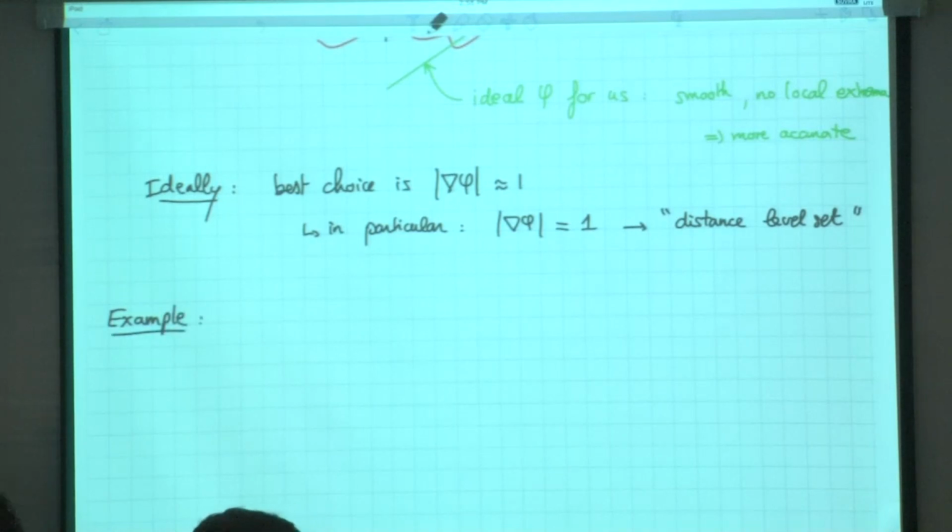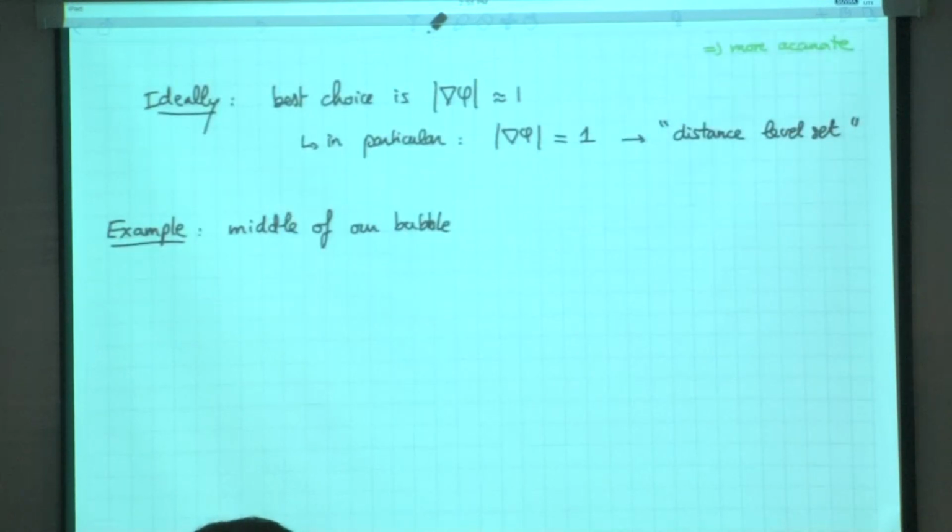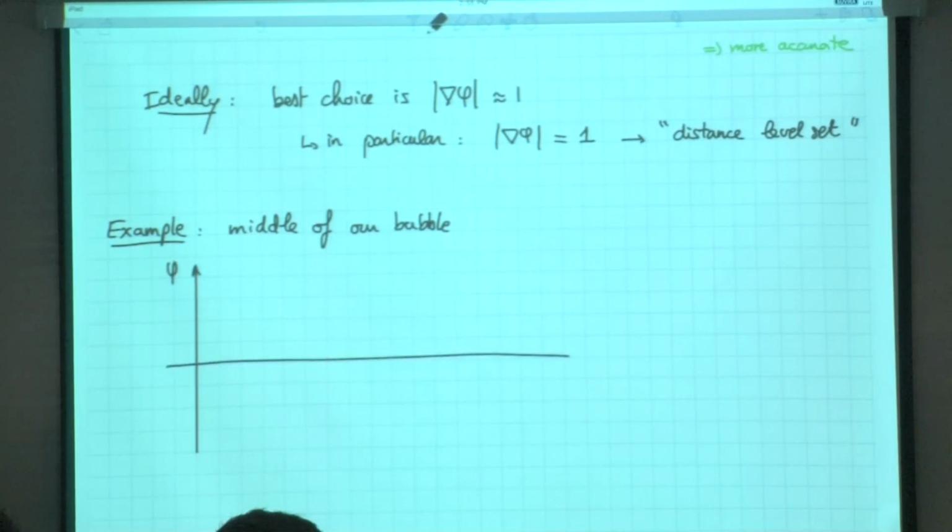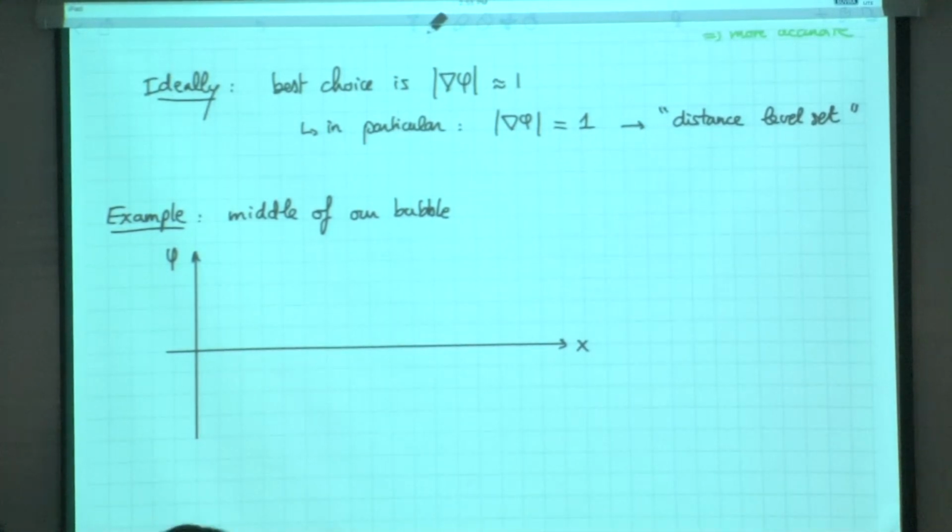for example, the middle of our bubble, this is our phi. This is our x.